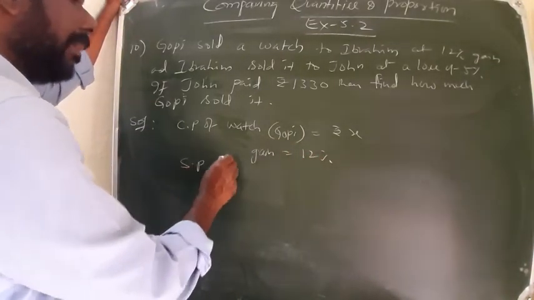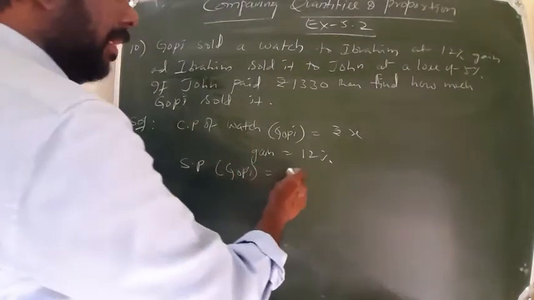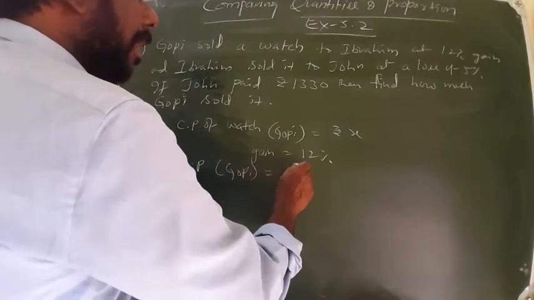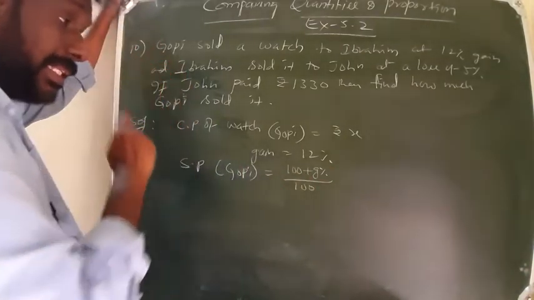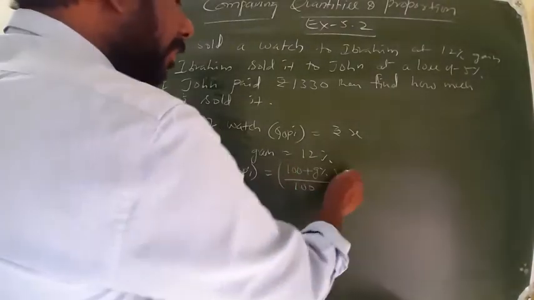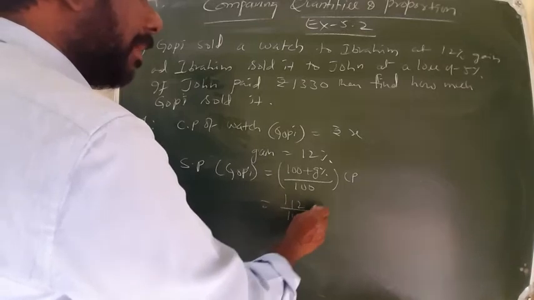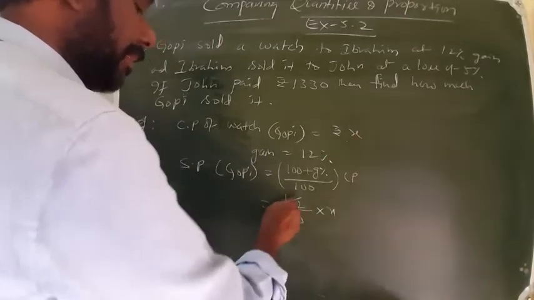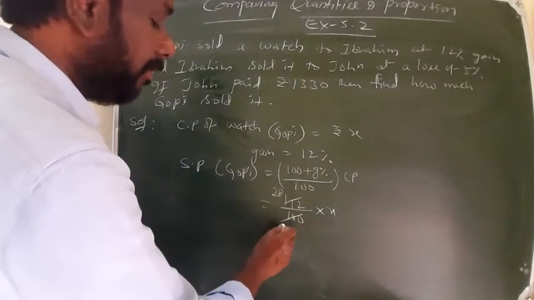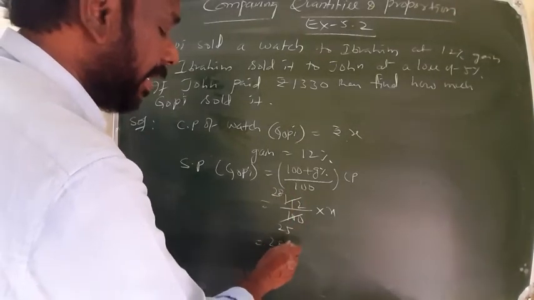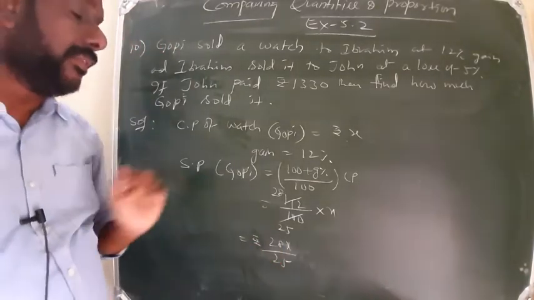Now SP, Gopi sold for how much? SP formula: 100 plus gain percent by 100 into CP. 100 plus 12, 112 by 100 into X. So 4 table: 4 2s 8, 4 8s 32, 4 25. 28x by 25. This is the selling price of Gopi.